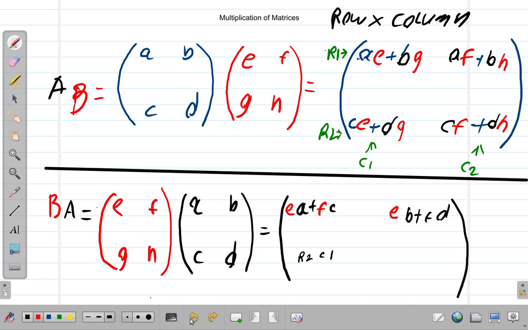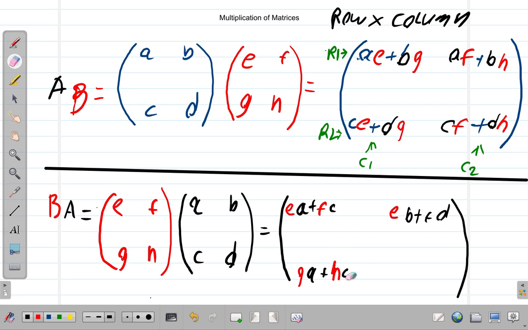So it's going to be GA plus HC. You get the hang of it now. So it's GA plus HC. Alright? So that's what you get happening. First by first plus second by second.